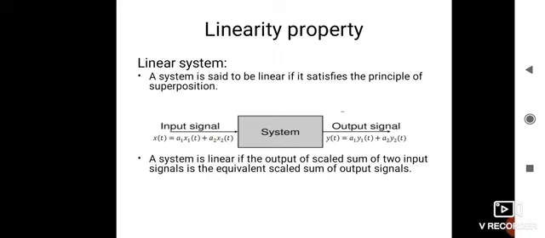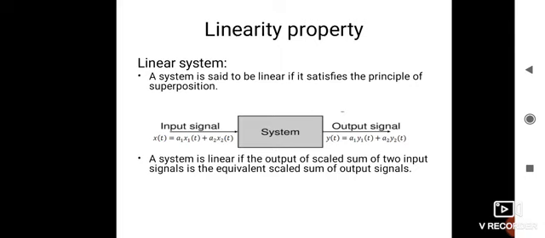In the next case, A1 is multiplied with x1(t), so we get A1 x1(t), and if this input passes through the system and I get the output A1 y1(t), then the system satisfies the scaling property, because the input is multiplied with a scaling factor A1 and also the output. Previously, when I gave the input x1(t), I got the output y1(t).